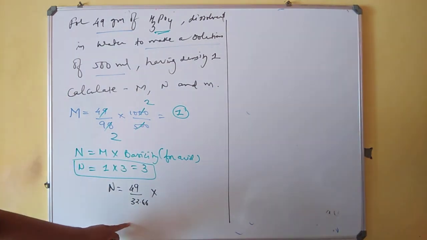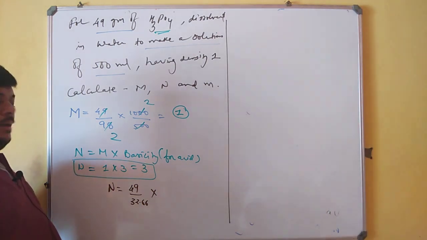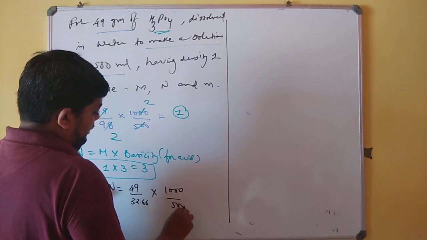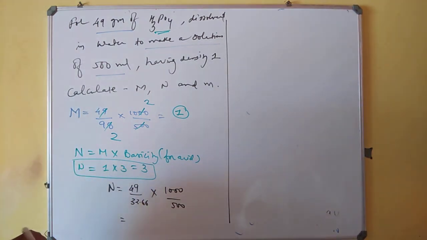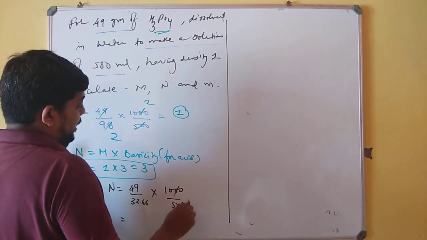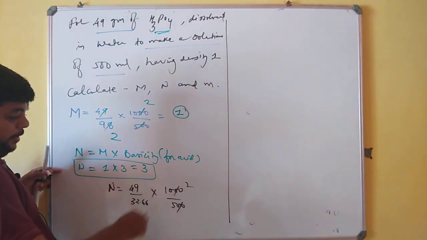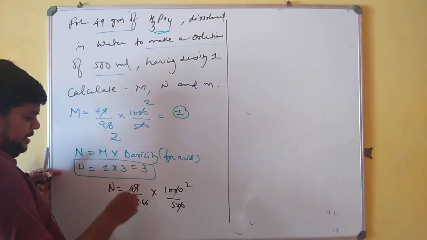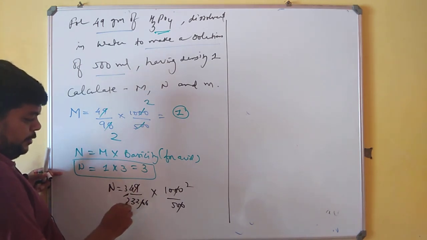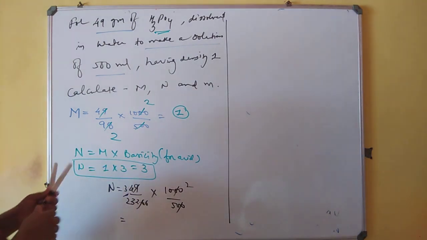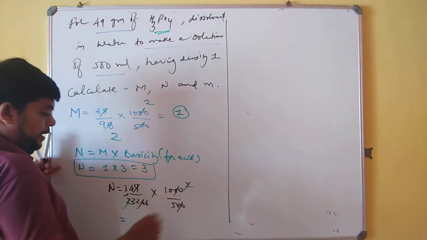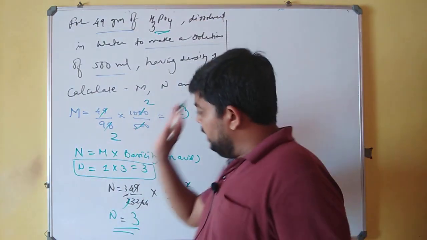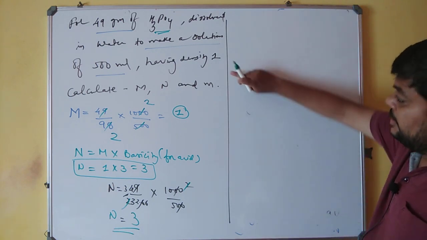For equivalent weight of H3PO4 it is 32.66 because you have to divide 98 by 3, multiply by 1000 divided by 500. If you will check carefully over here, I am quite sure that this particular thing will end up with 1.5, that is 3 by 2. You can check it. If it ends up with 3 by 2, I can cut this 2 and I'll end up with normality is equal to 3. So this is normality, molarity and its relationship.